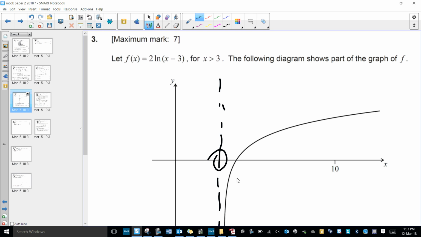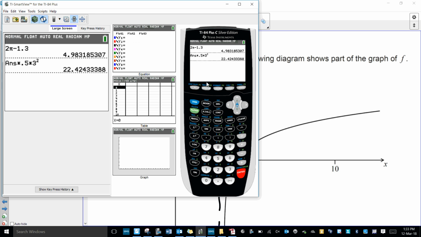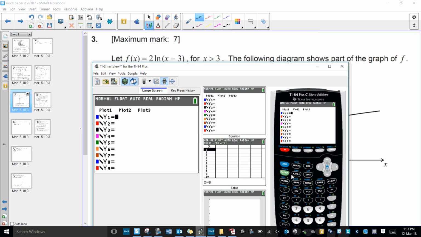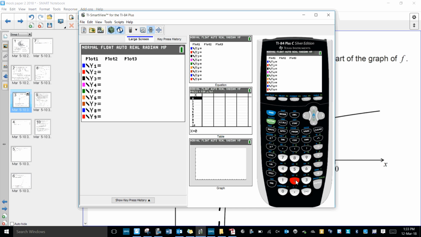So let's put it in. So it's y equals 2 ln x minus 3.